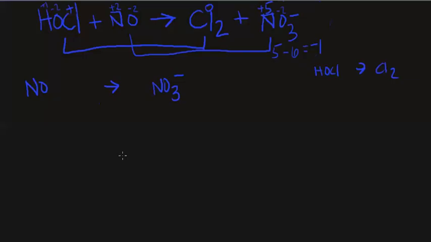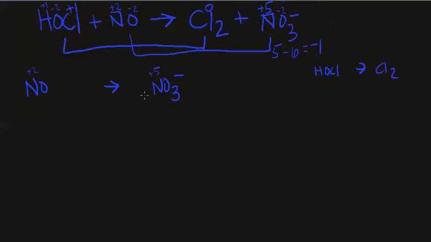So the first thing we need to do is make sure that what's being oxidized has equal numbers. So we have 1 nitrogen, 1 nitrogen. And then this nitrogen goes from +2 to +5. So we need to balance the oxidation numbers, and in order to do that, we're going to add electrons.